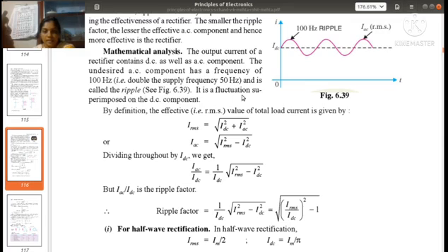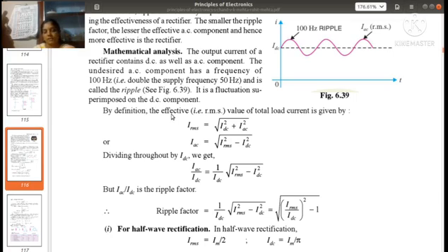It is a fluctuation superimposed on the DC component.